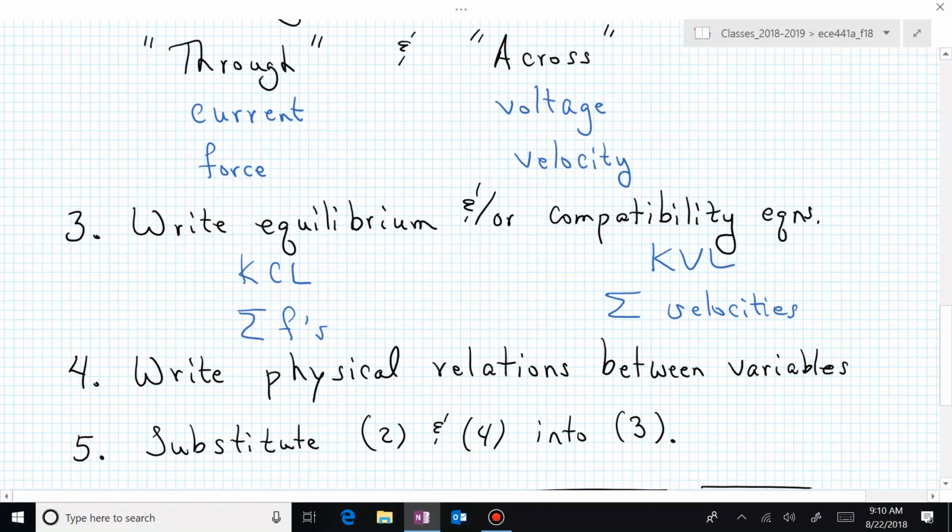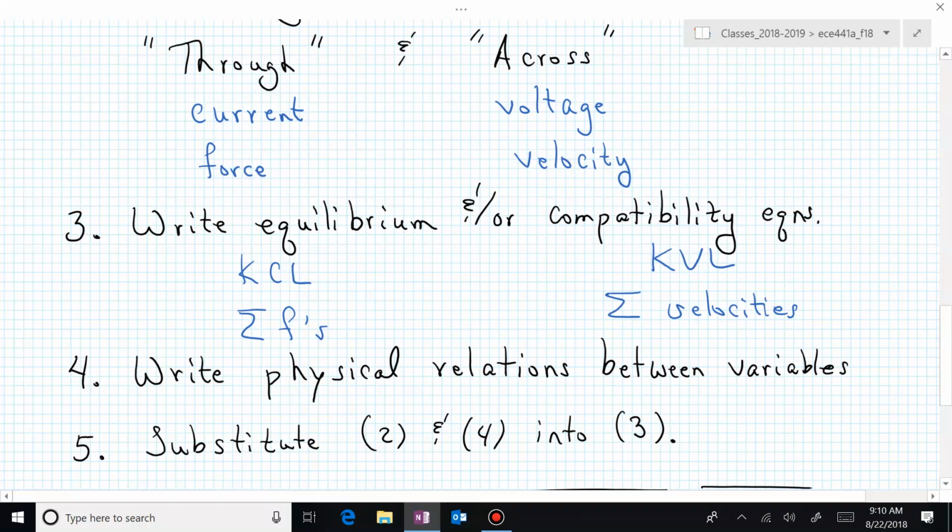Step 4 is we write the physical relations between the variables. In step 3, maybe we just have a sum of forces or a sum of currents. Now we need to write those forces or currents in terms of the variables of interest. In electrical terms, what are the physical relations on inductors and capacitors?